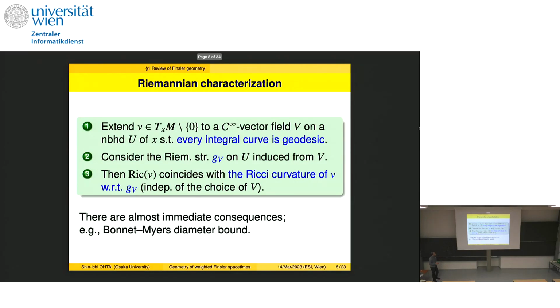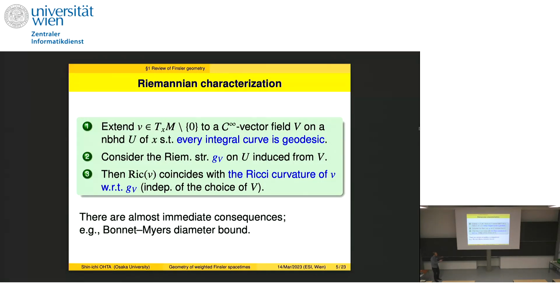And actually, there are some almost immediate consequences, like the Bonnet-Myers theorem. And actually, even for the curvature dimension condition, by this characterization, it's very convincing that we have the curvature dimension condition in the Finsler case.